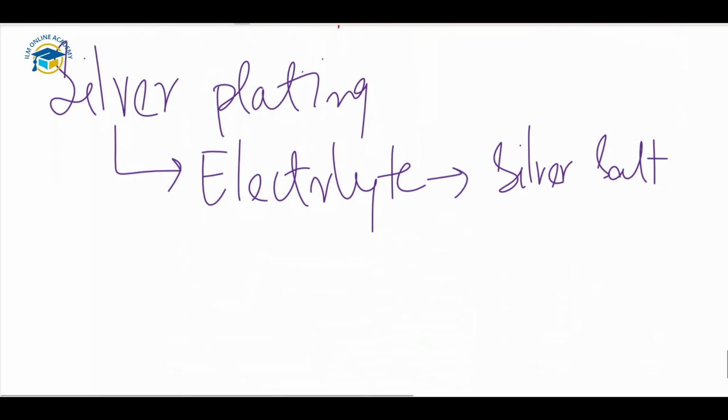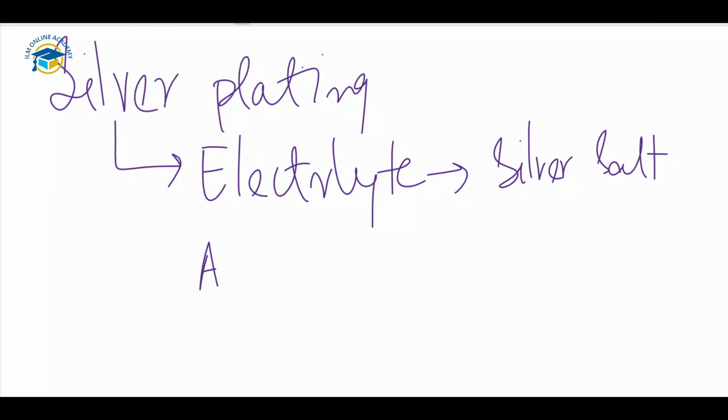For example, silver ions take the electrons from the cathode and form silver metal. This is how the electroplating of any metal can be done with the process of electrolysis.